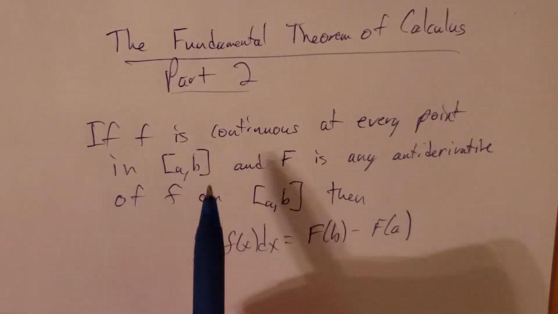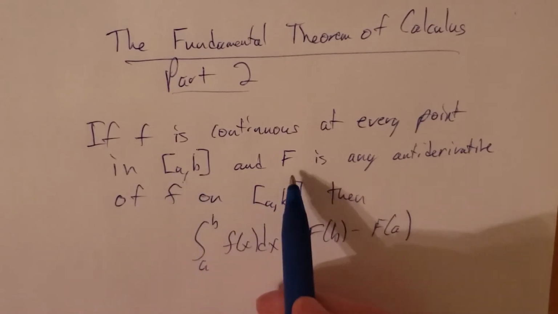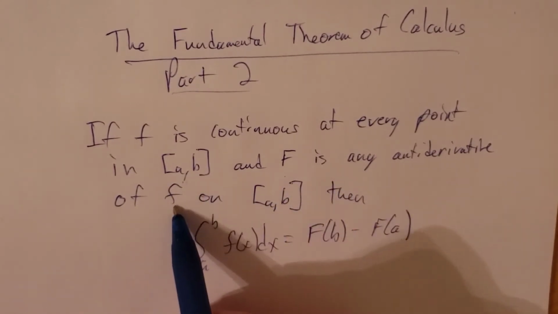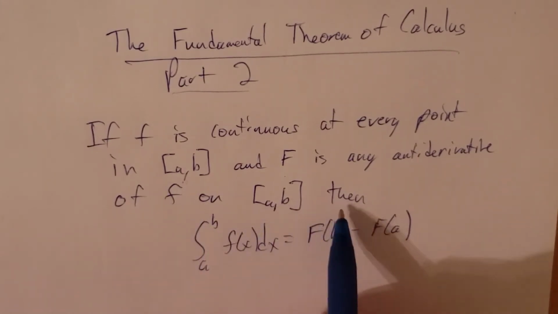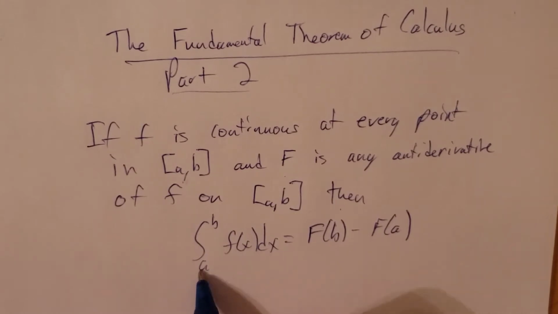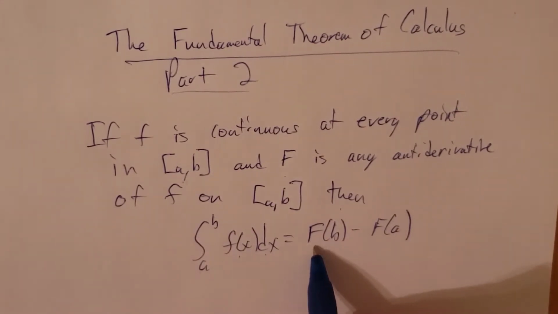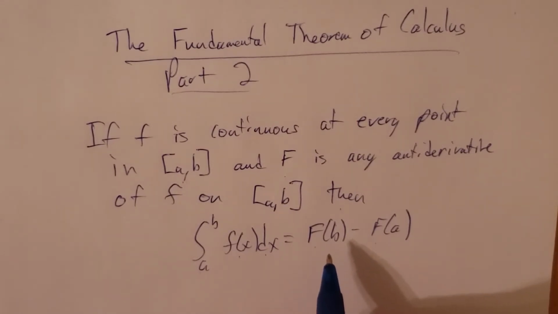And that is that if f is continuous at every point in this closed interval a to b, and capital F is any antiderivative of this function f on the closed interval a to b, then our definite integral from a to b of f of x dx is just the antiderivative evaluated at b minus the antiderivative evaluated at a.